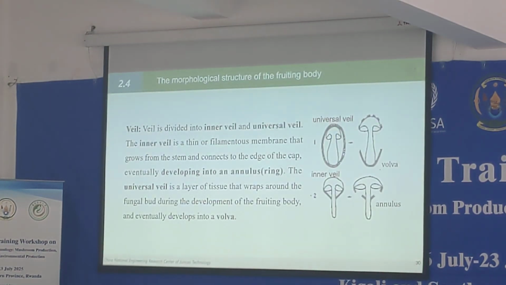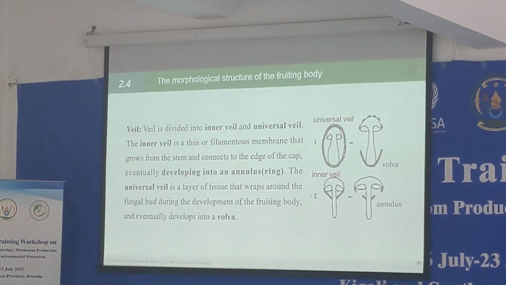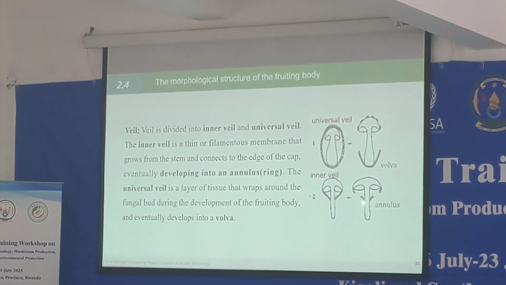Some mushrooms have a veil, including the inner veil and the universal veil. The inner veil in the end develops into the annulus, the ring.